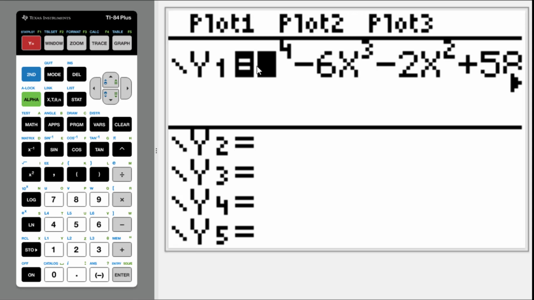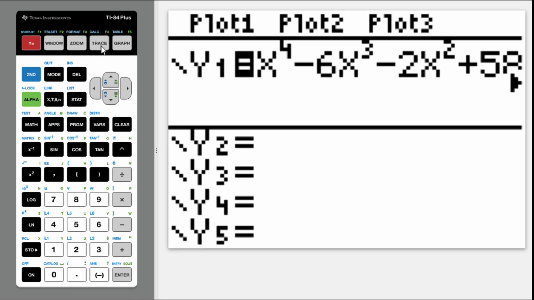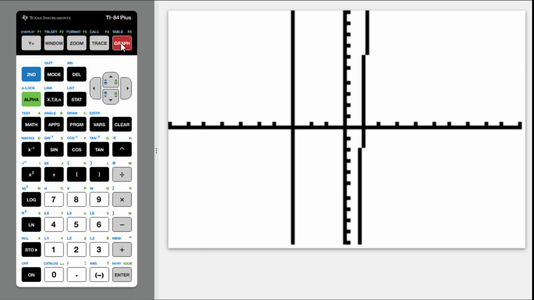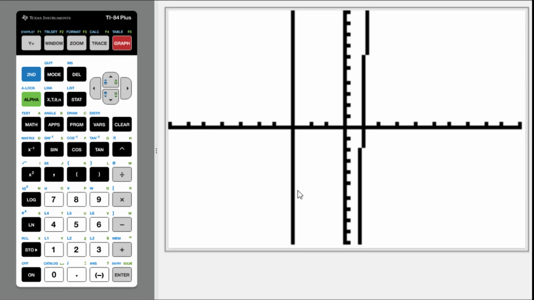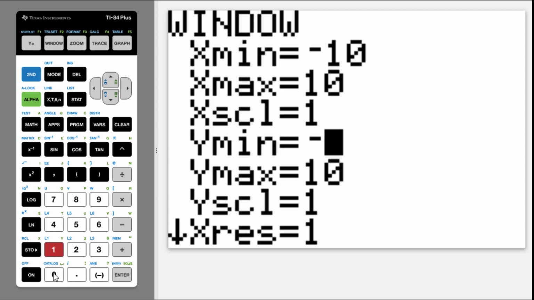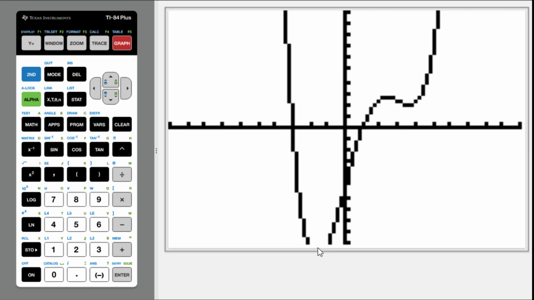We already put the function into y1, then graph. We need to change the window: negative 100, 100, scale 100 divided by 10 is 10, graph. We still cannot say this minimum value, but this window shows clearly the shape of the graph.